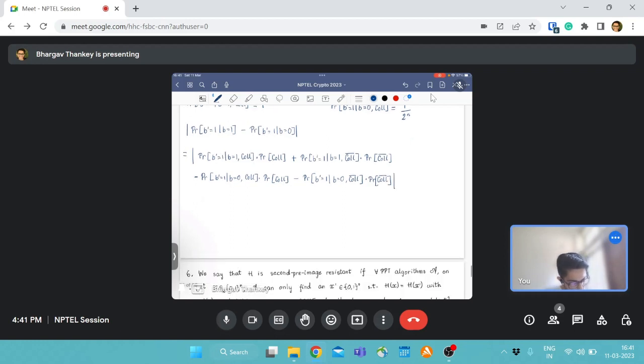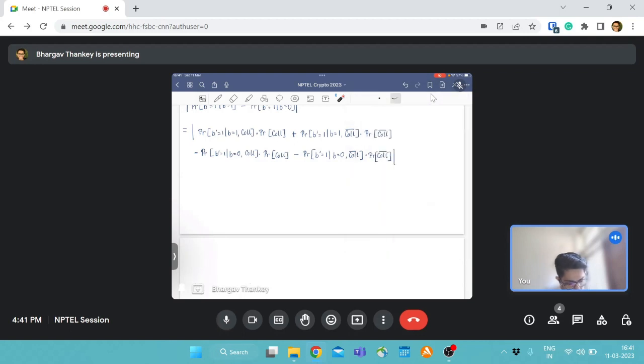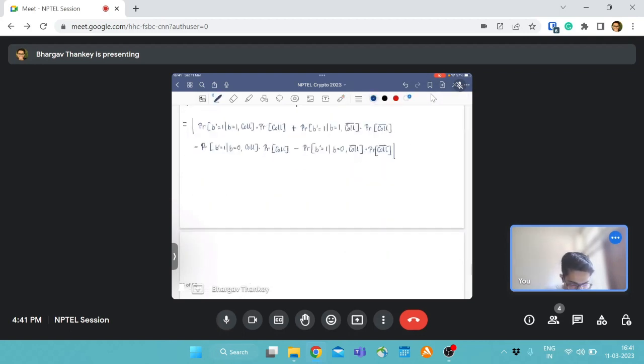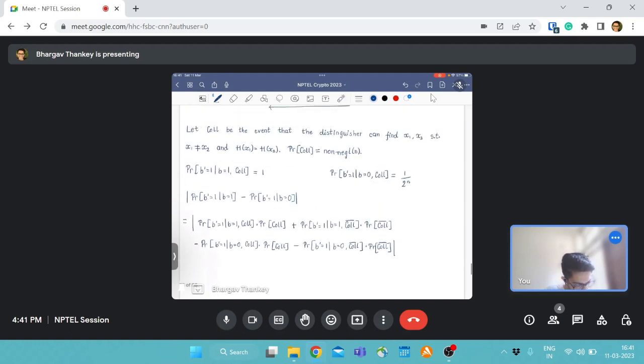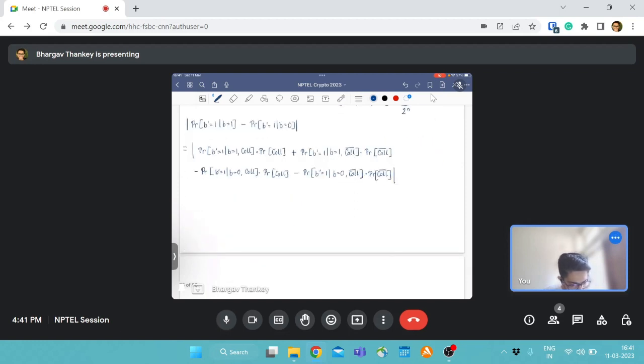So now what we can do is keep these two together and these two together, and use the triangle inequality. Okay, wait, we don't want to use the triangle inequality.